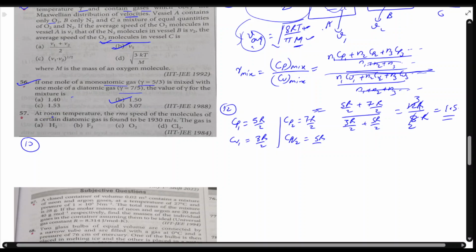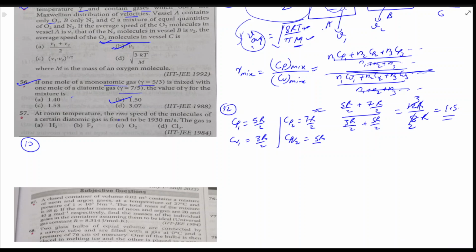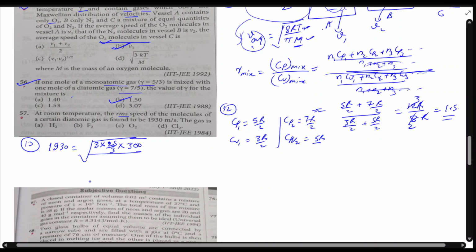So 13th question. At room temperature, the RMS velocity of this gas is 1930 meters per second. So we can find this, right? We just need to find the molecular formula. So 1930 will be the root of 3RT divided by molecular mass, with temperature at room temperature being 300 Kelvin.